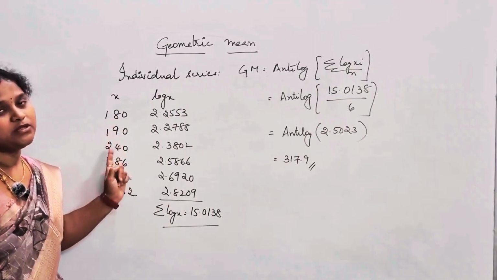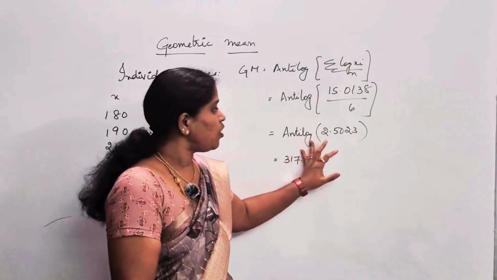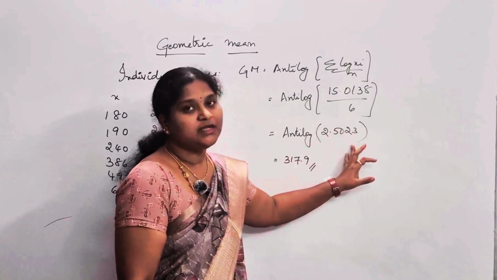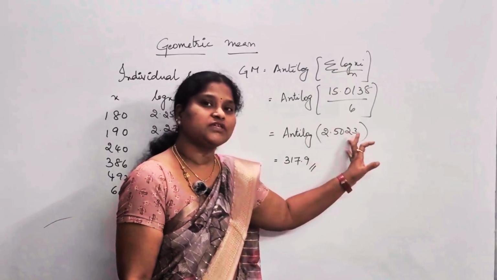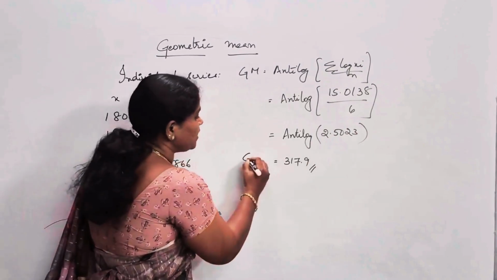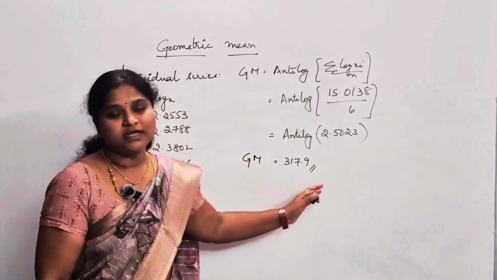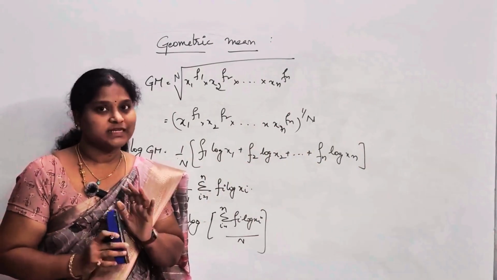The number of x values here is 6. So on substitution, we have the anti-log of 2.5023, and using the scientific calculator, we can find the anti-log of this value. So for this given data, the geometric mean is 317.9.